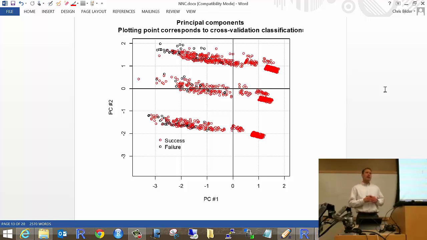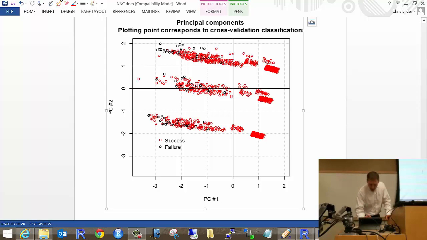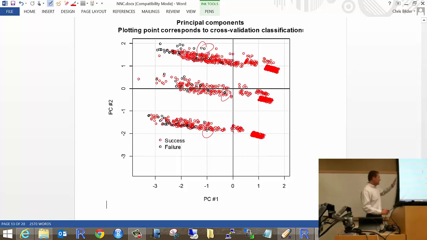And if you remember with principal component number 1, essentially it gets more negative as the distance increases. So you would expect more failures as the distance increases. And we can see that in terms of how the classifications are going here too, in terms of where the black ones are versus the red ones. But what's interesting that I especially like to point out is that you see blacks that are somewhat throughout these point clouds, if you want to call them that.